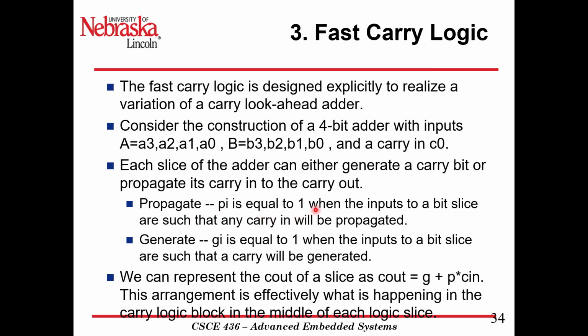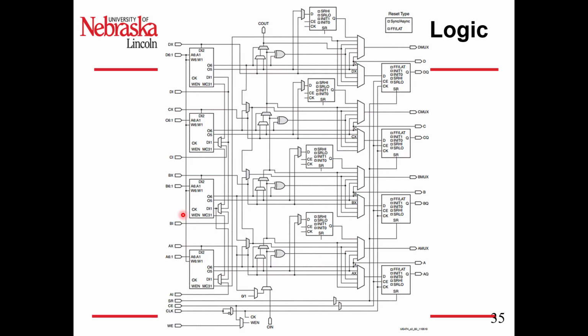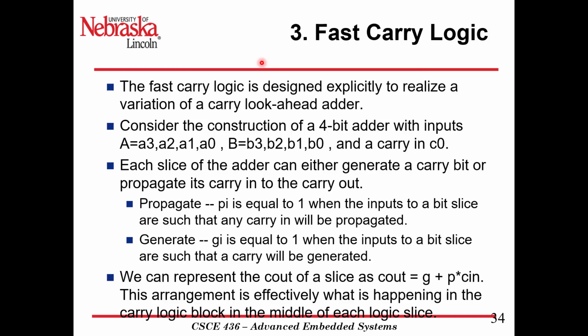Propagate is essentially when we're trying to propagate a 1 carry through the bit slice, through adding of the A and B inputs, and getting that carry out to propagate to the next higher bit, from bit 0 to bit 1 and 2 and then to 3. A generate is equal to 1 when the inputs of the bit slice are such that a carry will be generated.